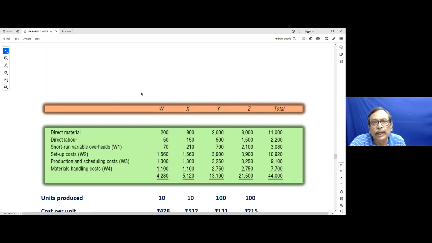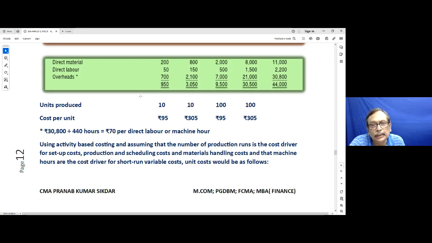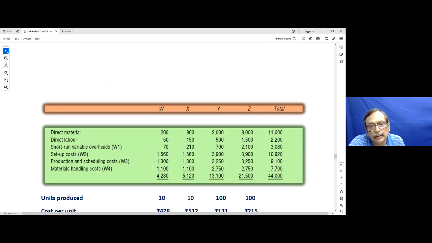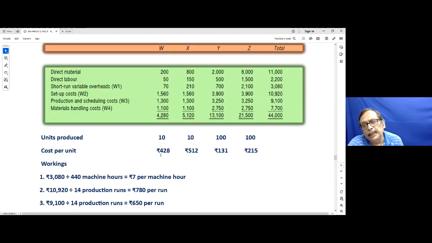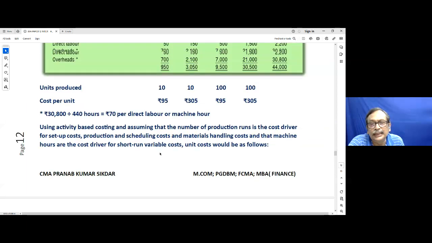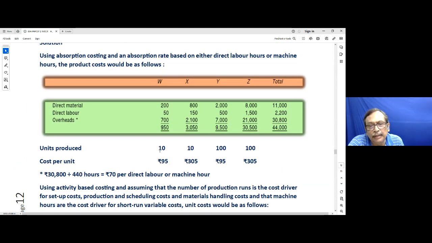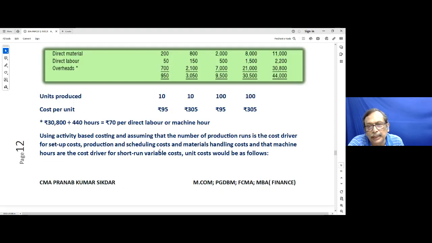Now, if we are going to compare the cost, you see W, the cost per unit was 95, here it is 428. So there is a large difference. For X, it was 305 per unit.